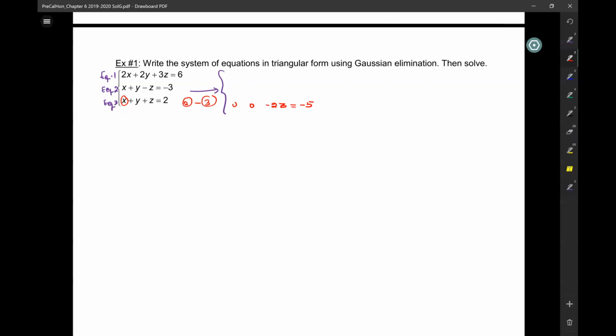I wanted to get rid of this x. Just look at the x column. If I subtract these two, that gives me a 0. So that's what I did. I didn't touch anything else, so I just copy them over.